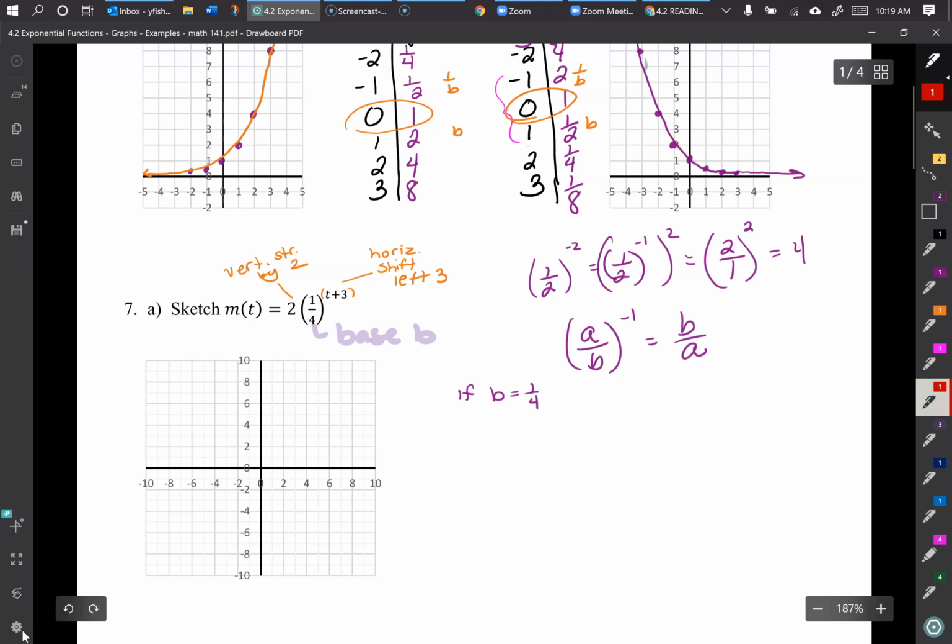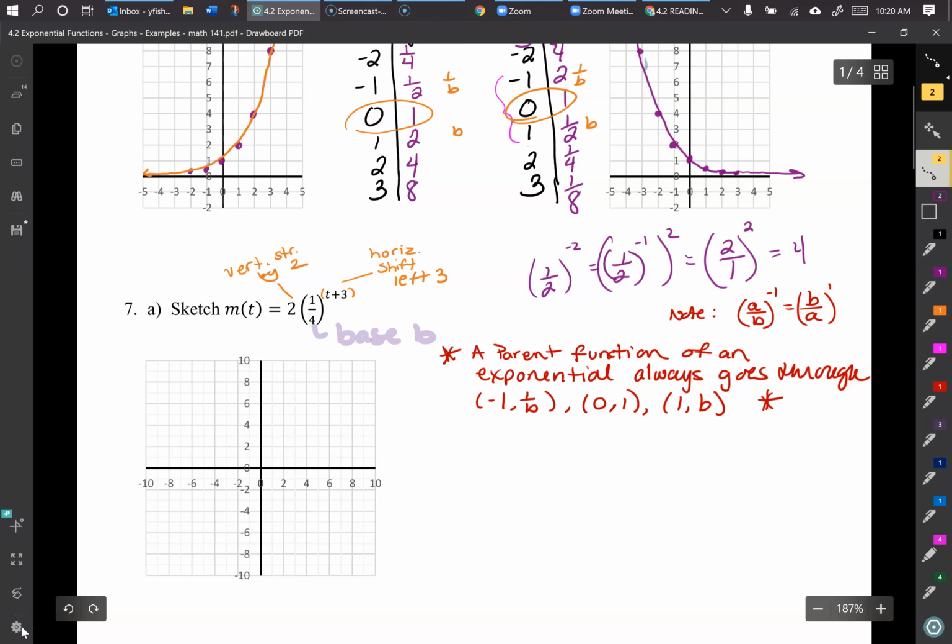So I'm just going to write a little note here. Okay, so I just want to point out here, a parent function of an exponential always goes through the points -1, 1 over b, 0, 1, and 1, b. So this would be helpful to memorize. So if my b equals 1/4, then I have points: -1, and it would be 1 over 1/4, which would be 4.